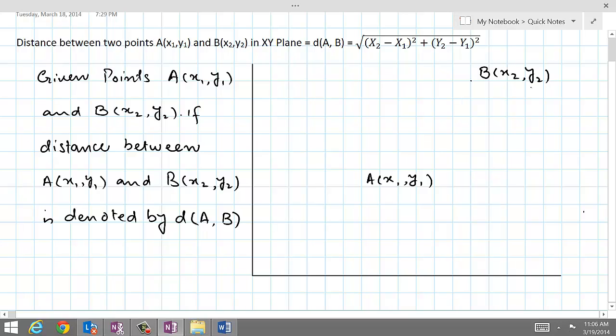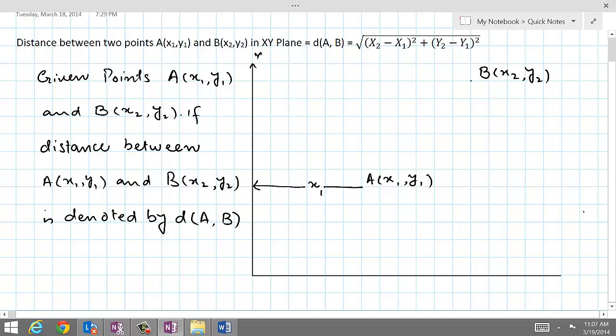For coordinates of A, x1 is the abscissa and y1 is the ordinate. As you know, abscissa is always the distance from the y-axis. The distance of point A from the y-axis is x1. So let's label this distance as x1.